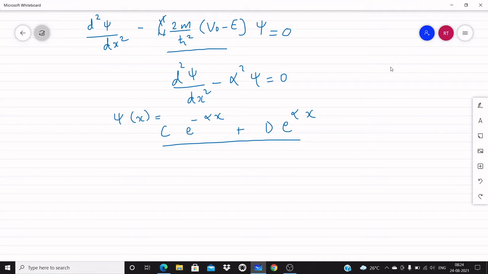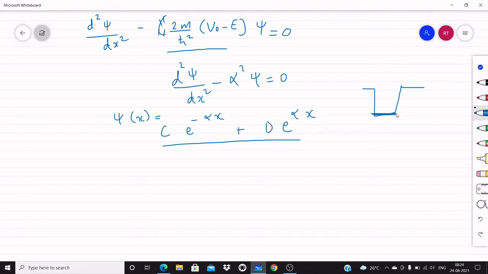As you know, in the case of the finite square well potential, this is the situation.